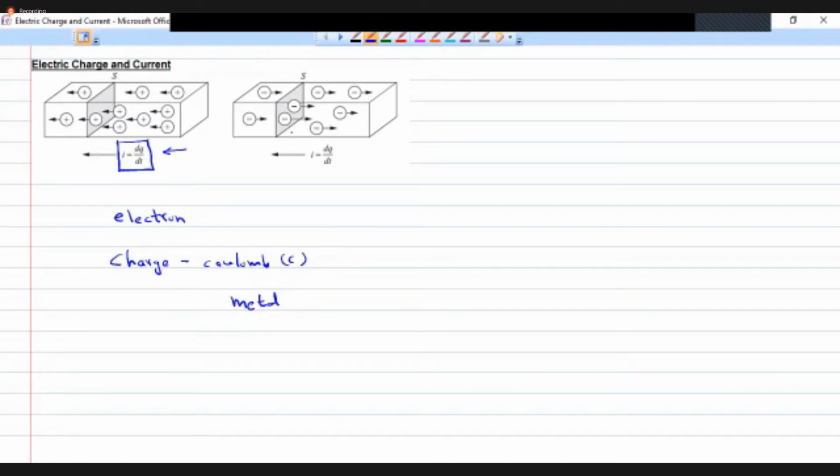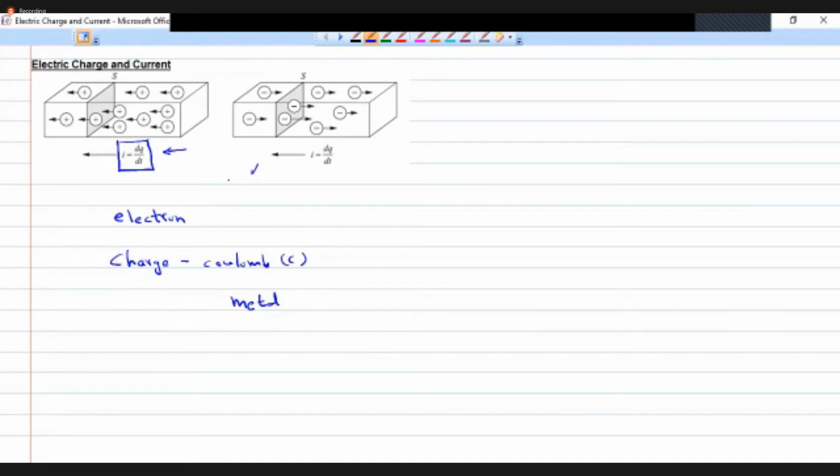So in this figure, when the electrons are seen to be moving in the right direction, we can assume that positive charges are moving in the left direction. The convention to be followed is that current is moving in the left direction, but actually the electrons are moving in the right direction. The relationship is I is equal to dq by dt.